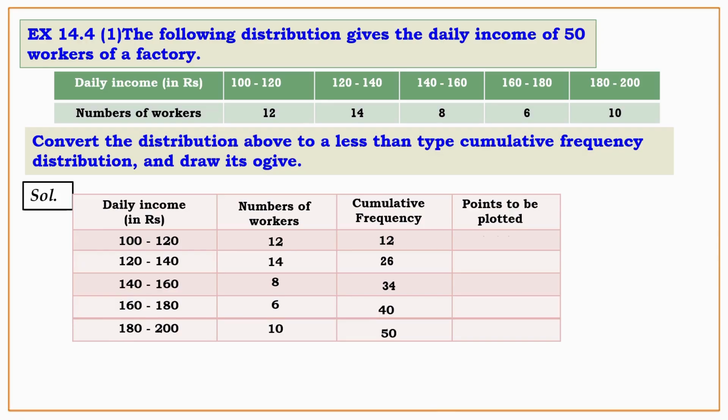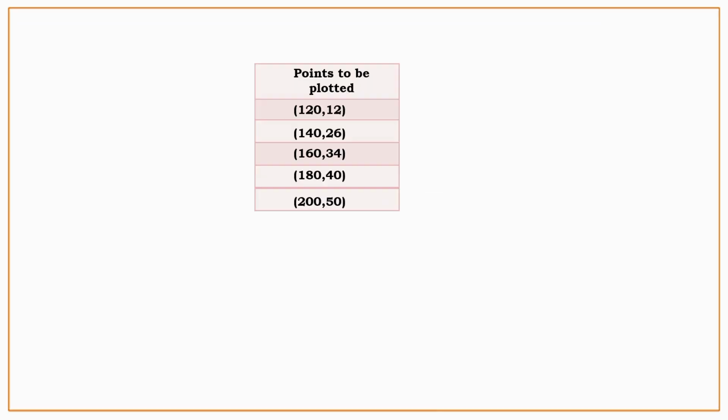For the first class interval, 120 is the upper limit, so that is going to be the x coordinate, and 12 is the cumulative frequency, so that will be the y coordinate. In this way we will fill all the other columns. Those are the points to be plotted.